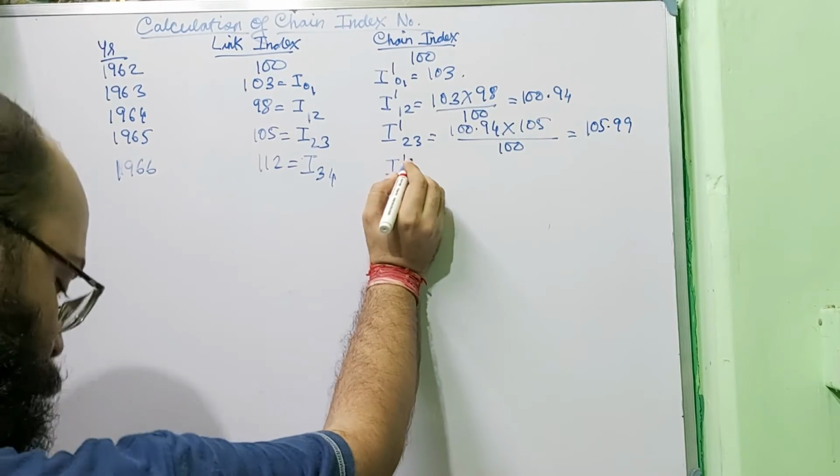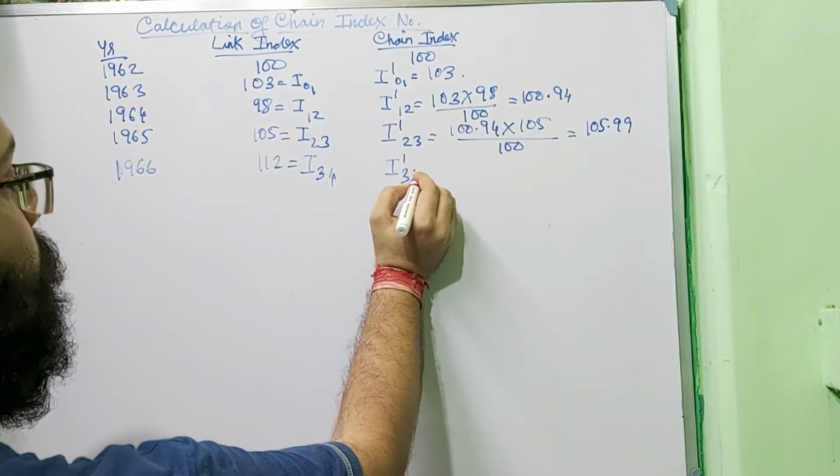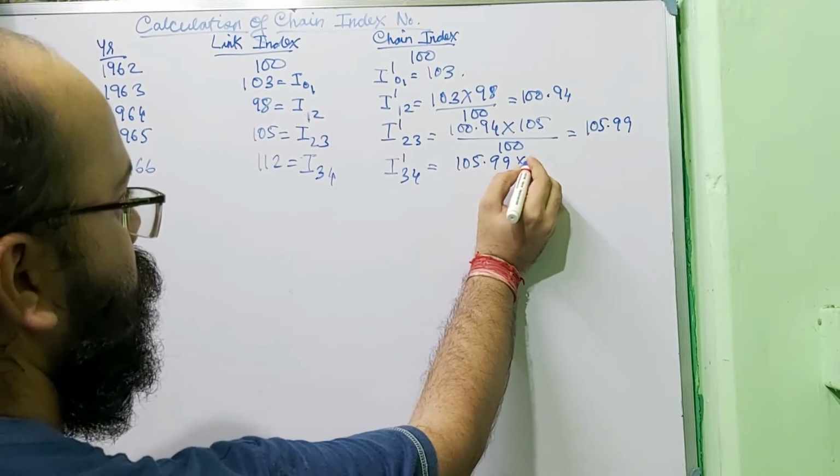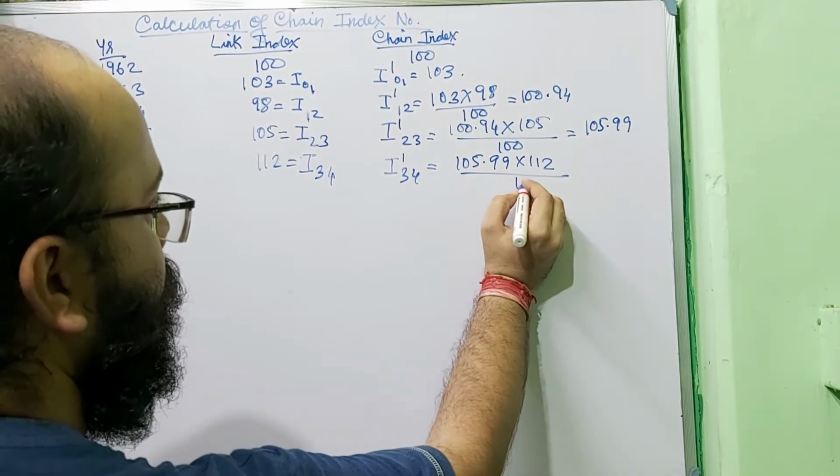The I dash C4 is equal to 105.99 into 112 by 100.